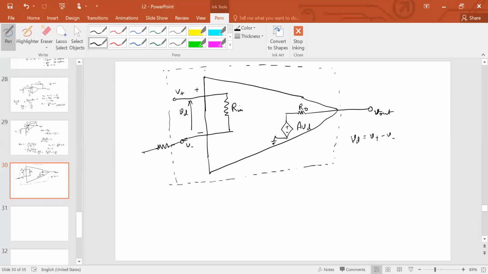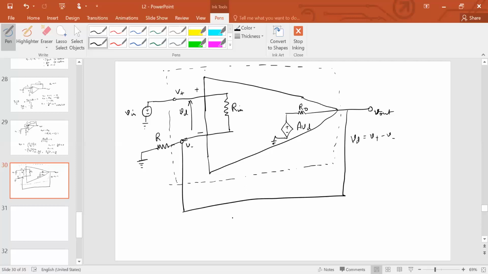Now let's say I'm connecting, this is an example, a circuit like so. The inverting end is grounded through a resistance R, and the non-inverting input end is given a voltage V in. In addition, this is shorted like so. Any connection that is outside this dash box is basically external to the op-amp.